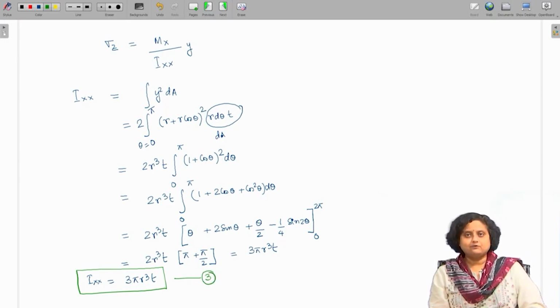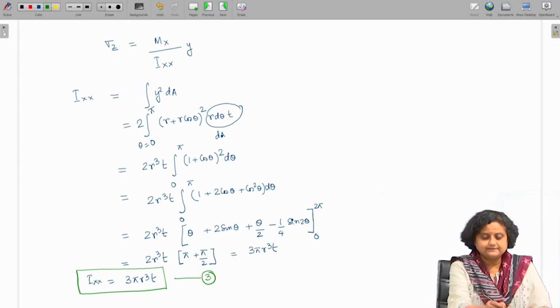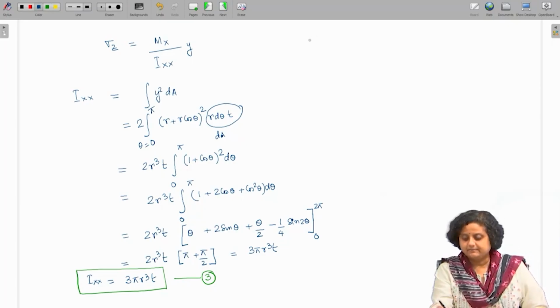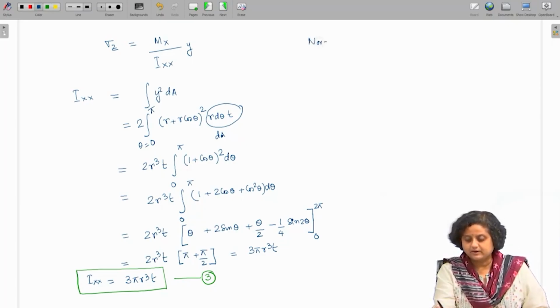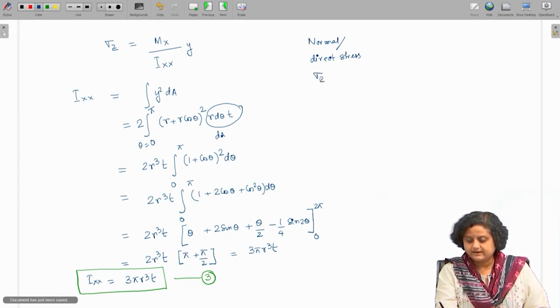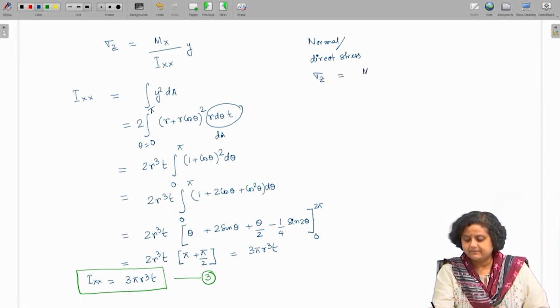Now, once I have got Ixx, then my sigma z, the normal stress or direct stress, can be written as Mx by Ixx into y.